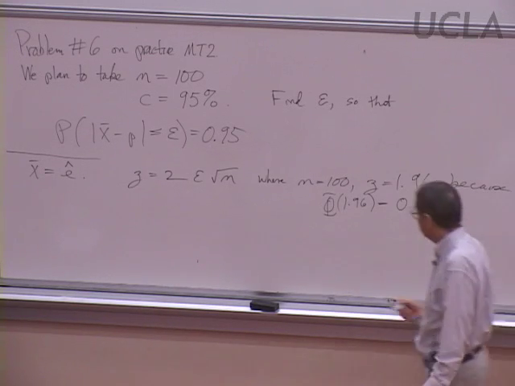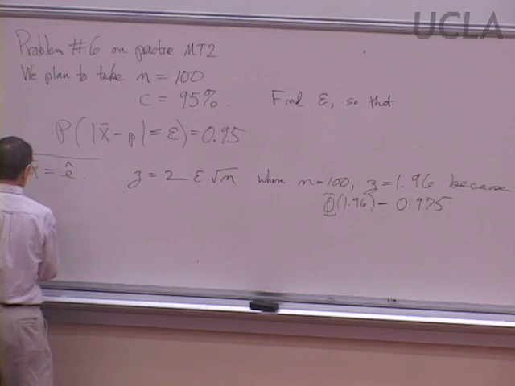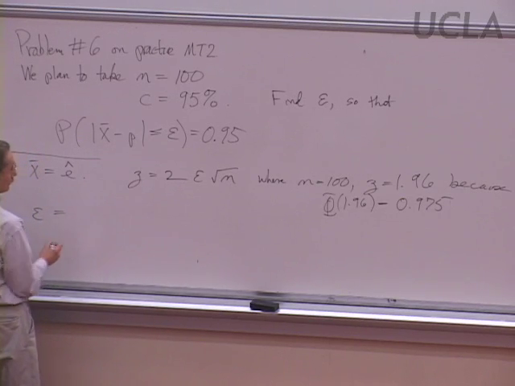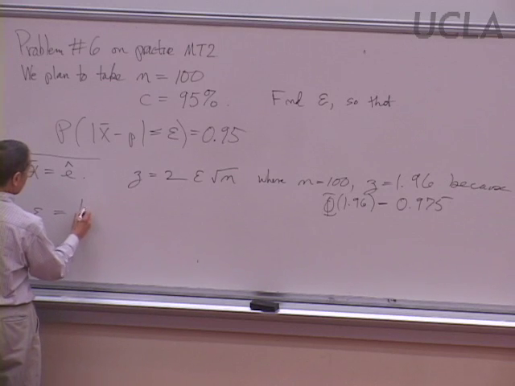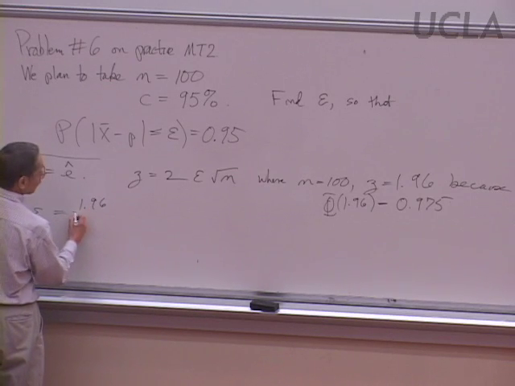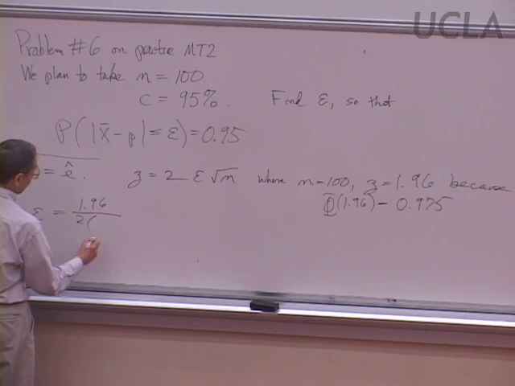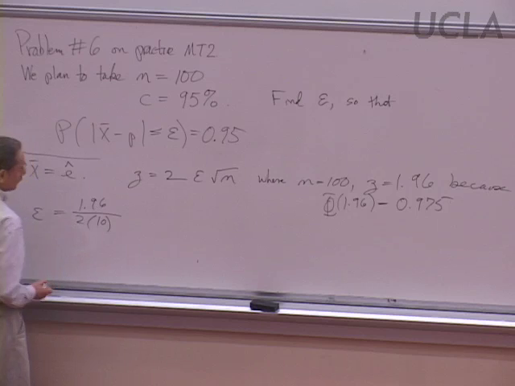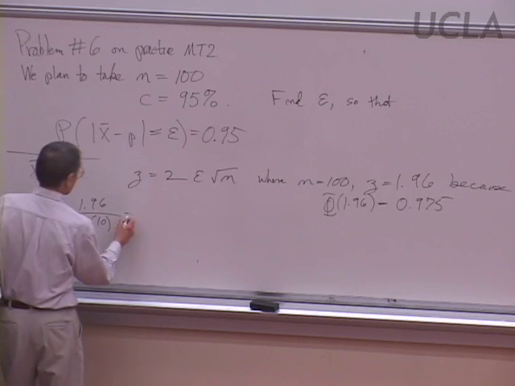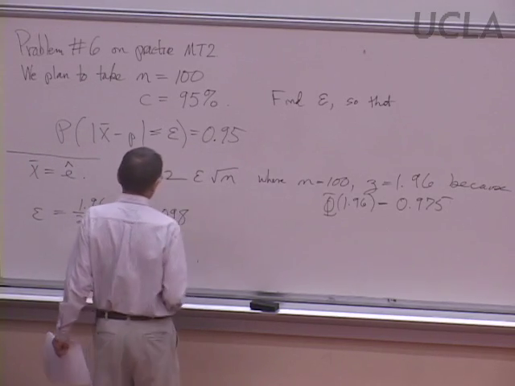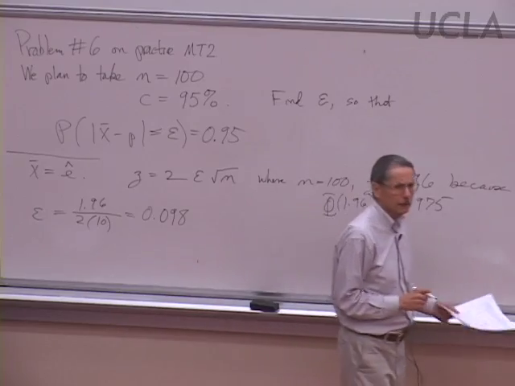Well, so you found epsilon was 1.96 divided by twice the square root of 100. Yeah, a tiny bit less than 1/10.